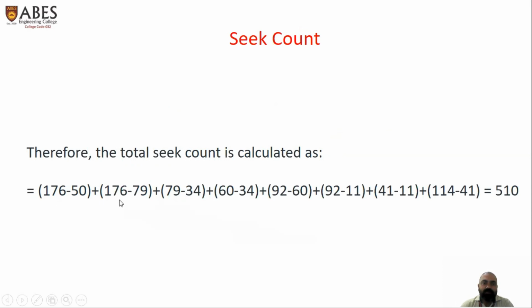Then we reach 176. So we will add 176 minus 79, then 79 minus 34, then 60 minus 34, then 92 minus 60, plus 92 minus 11, plus 41 minus 11, then 114 minus 41.